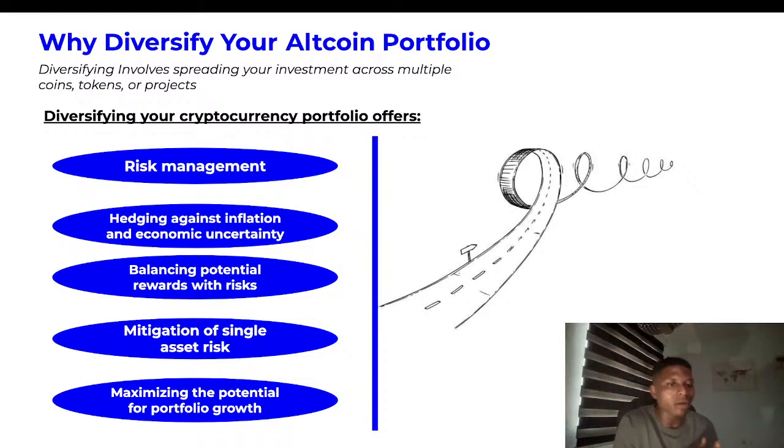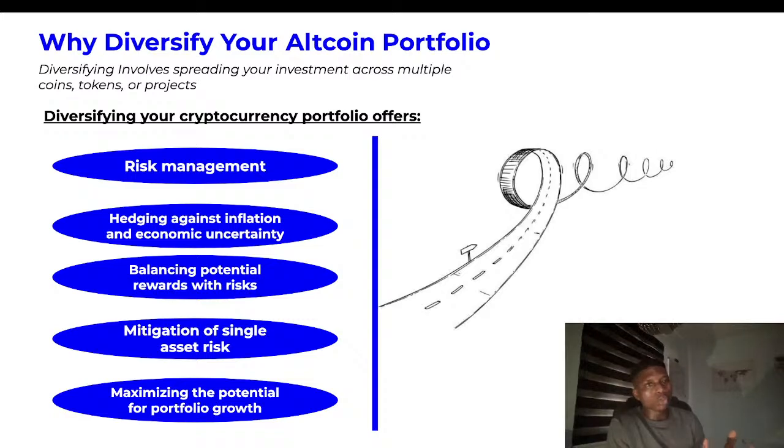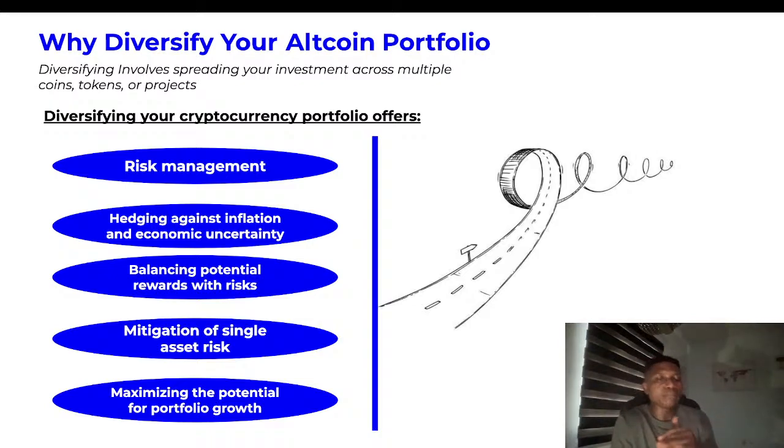When you diversify your portfolio, it helps you to balance your potential reward, because the market fluctuates, moves up, moves down, moves up, moves down. By diversifying your portfolio, when one of your assets is going down, the other can be going up. By so doing, it creates a balance in your risk and reward.